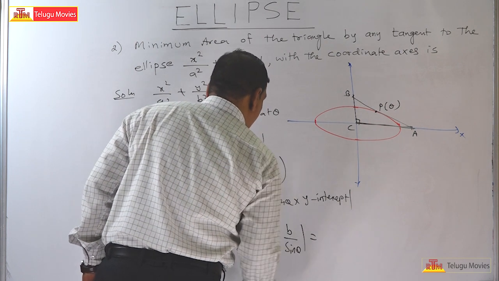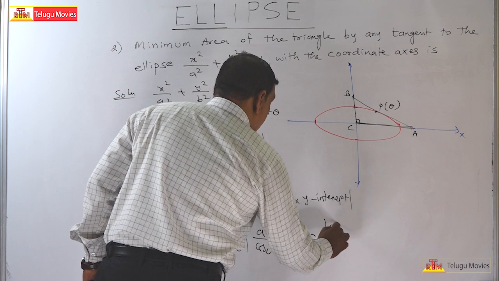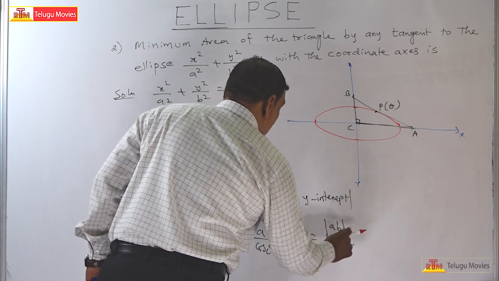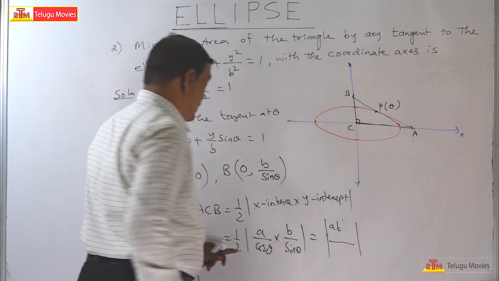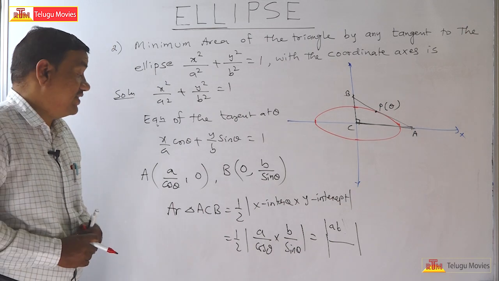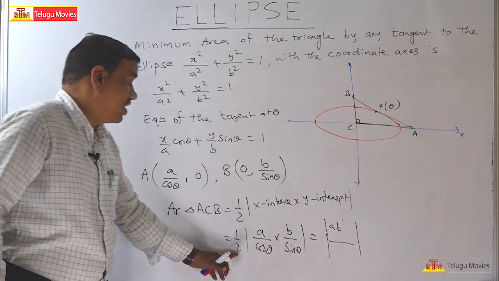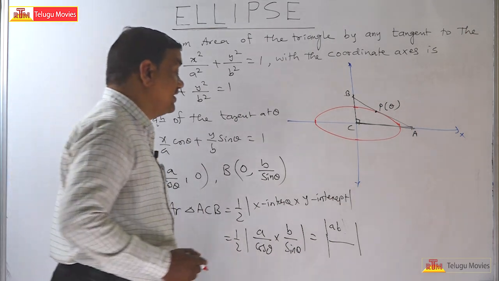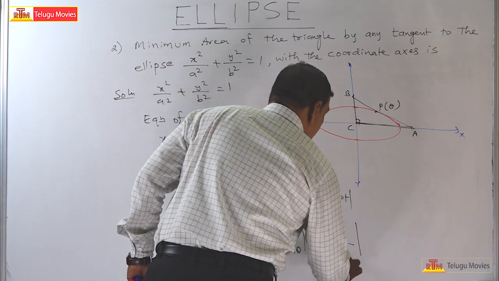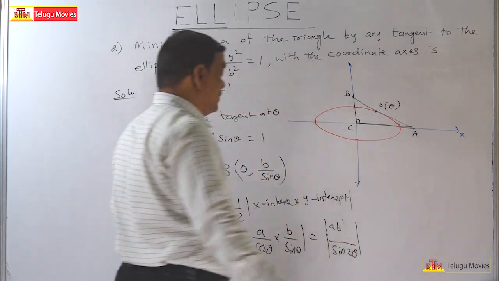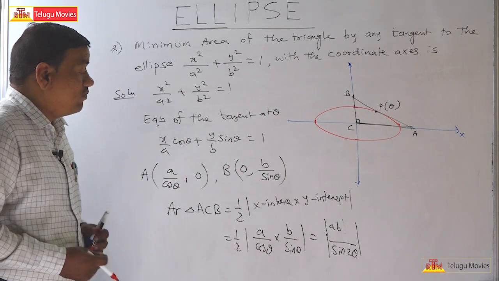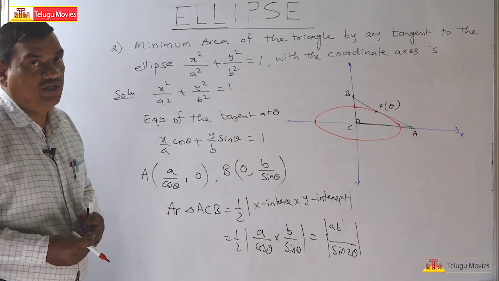So, this is equal to modulus of ab by, we can write it as, cos theta into sin theta. Already 2 is there, 2 cos theta sin theta, sin 2 theta. So, we got modulus of ab by sin 2 theta.